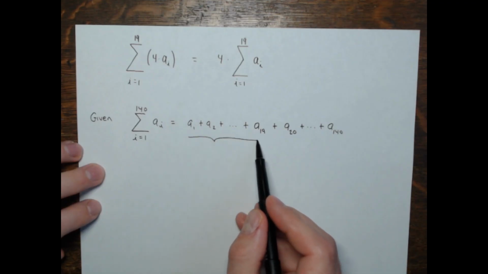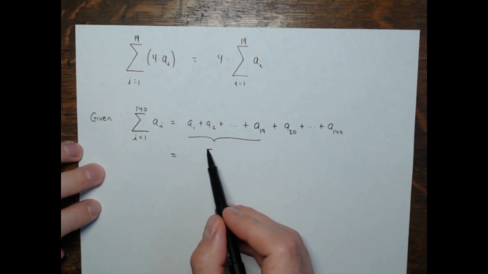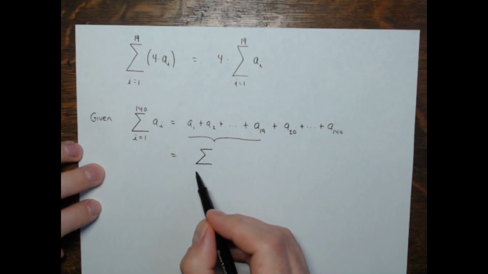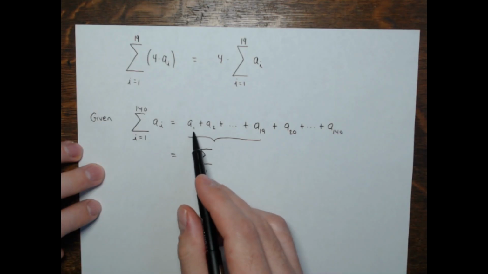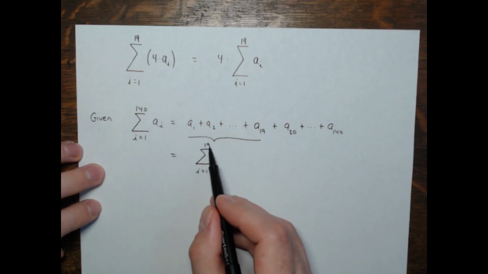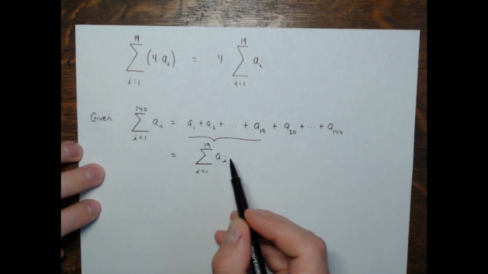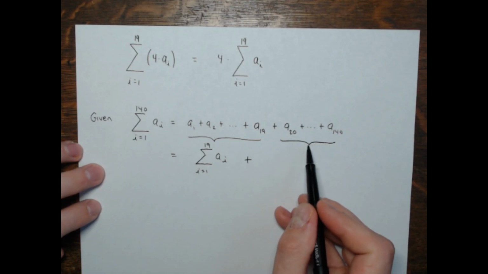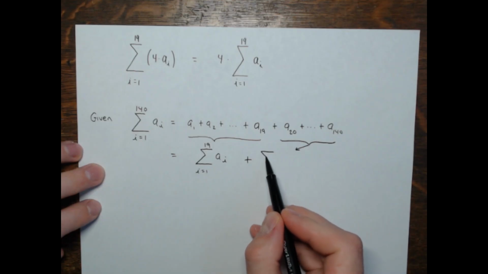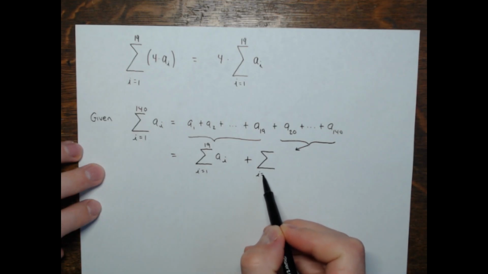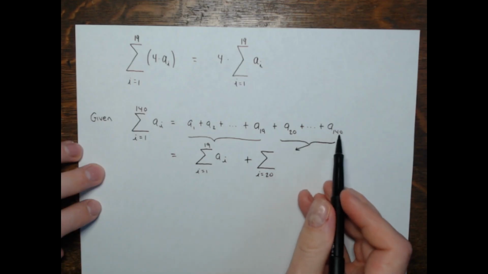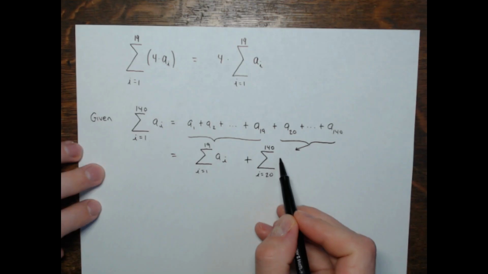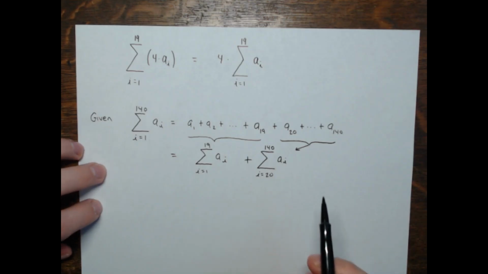So again, this would be represented as the sum from i equals 1 to 19 of these a sub i terms. And then this would be represented by the sum from i equals 20 to 140 of these same a sub i terms.